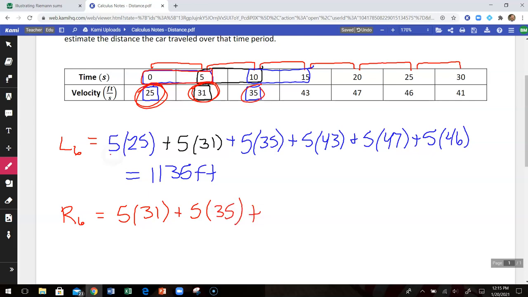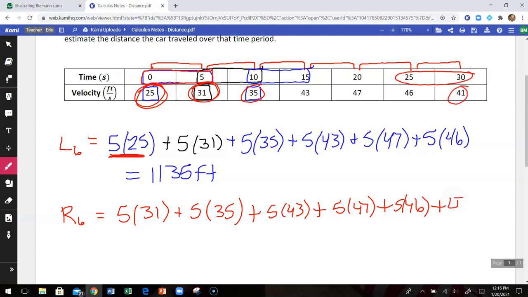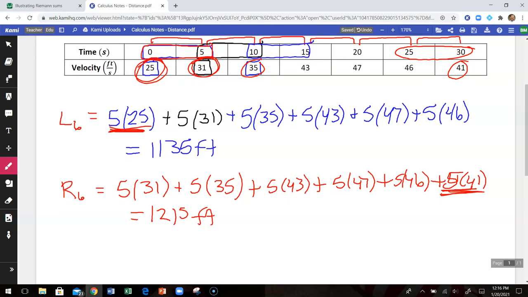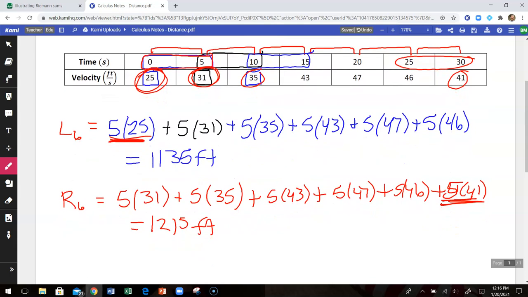Essentially, I'm going to use all the same values except for my last one from 25 to 30, where I'm now using the 41. So I'm basically replacing the 5 times 25 with the 5 times 41, and I have all of my right endpoints. That gives me an estimate of 1,215 feet.